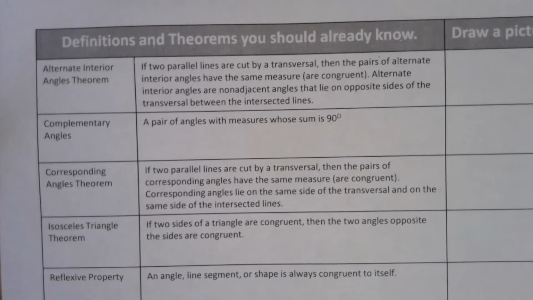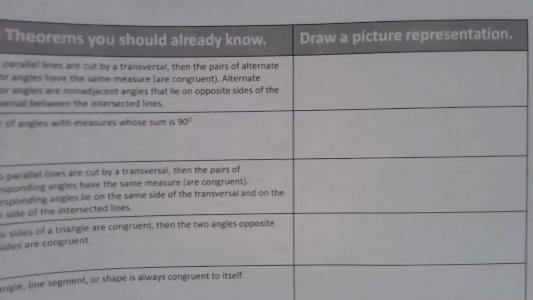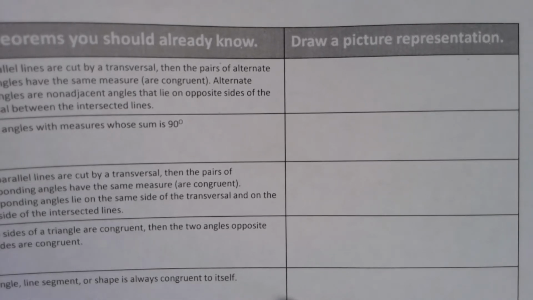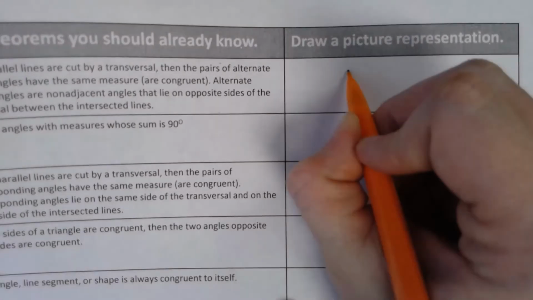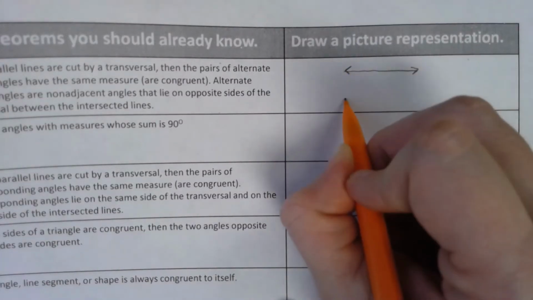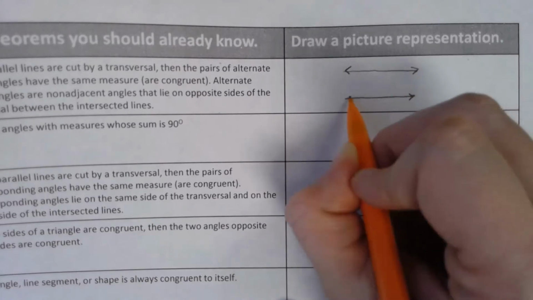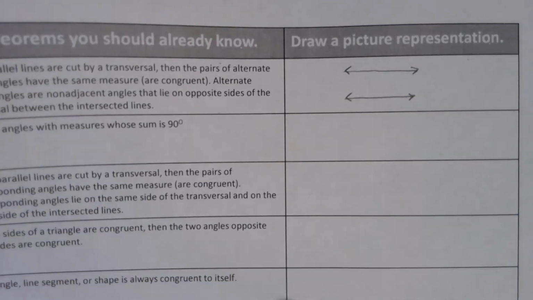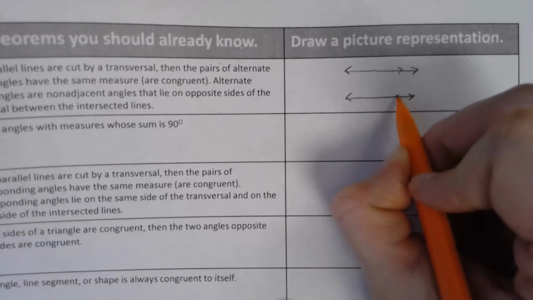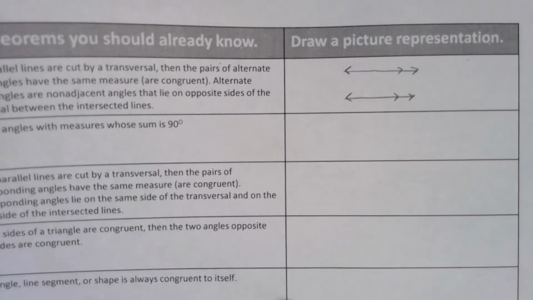So let's draw ourselves a picture so we can know what we're talking about here for alternate interior angles. Well, first it said that when you have parallel lines, in order to note that these are parallel lines, you can place a little arrow, and that shows that you're wanting those to be parallel.